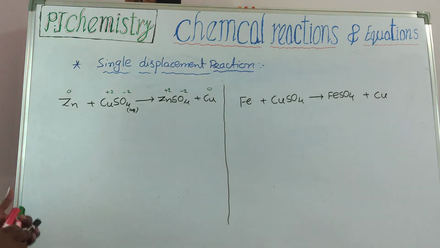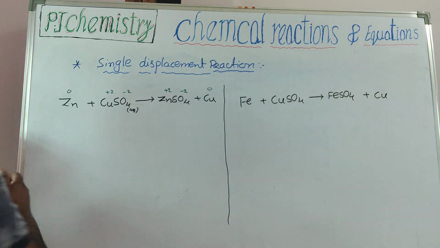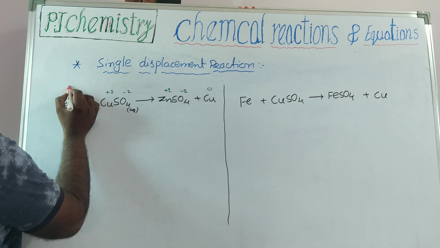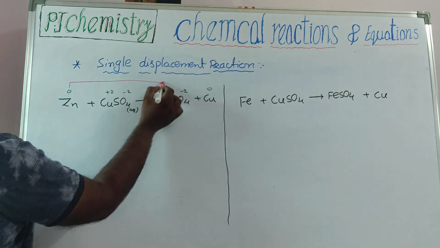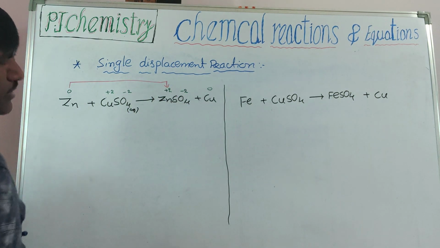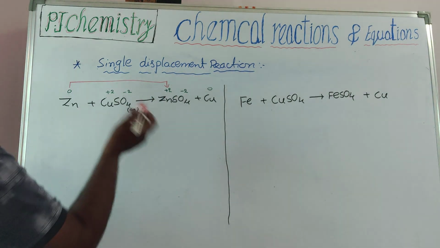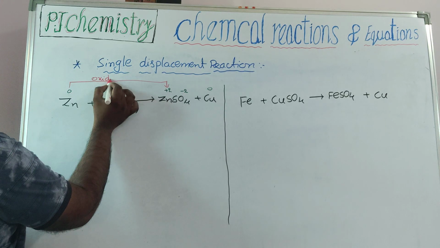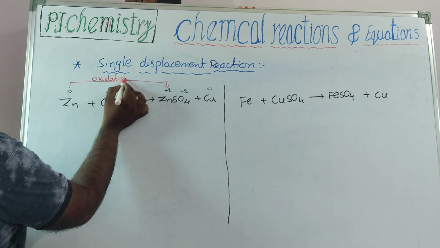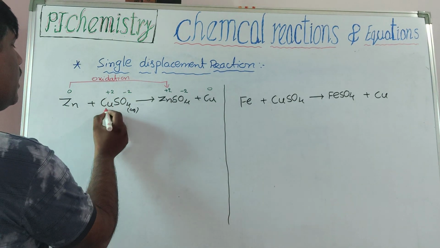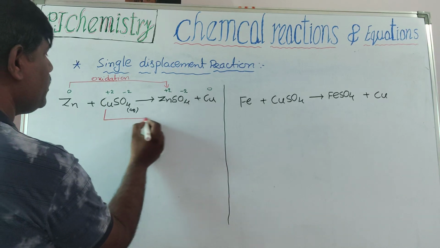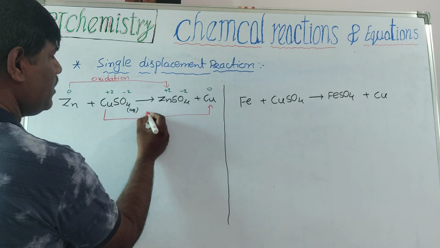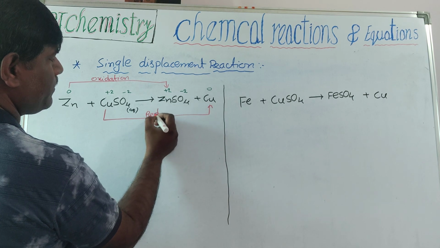Compare reactant side and product side. Zinc goes from 0 to +2. Increased oxidation number means oxidation. Next, copper goes from +2 to 0. Decreased oxidation number means, of course, reduction.